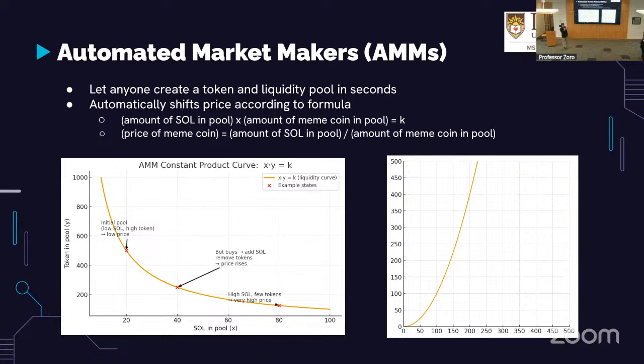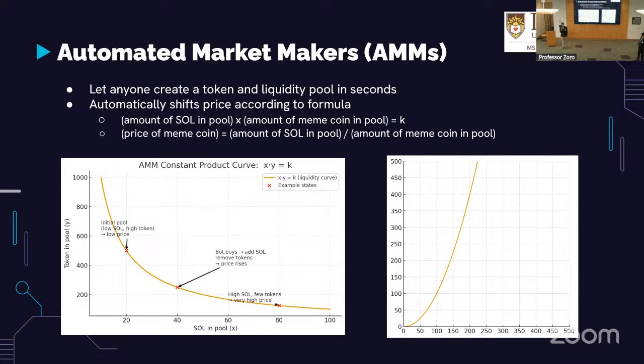launch coins really cheaply. So the next piece of the puzzle is understanding automated market makers. So what an AMM is, unlike on a traditional exchange with bid and ask spreads, it's operated and the price changes according to a formula. So the formula is the amount of Solana in the pool times the amount of the meme coin in the pool is equal to a constant K. And this means that when the AMM starts and the liquidity pool opens, the meme coin is pretty worthless because there's a relatively low amount of Solana in the pool.